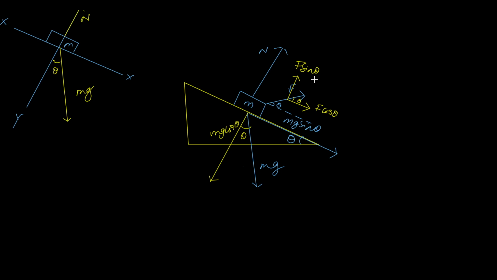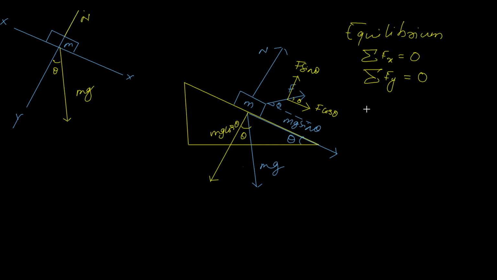So, still considering this body to be in a state of equilibrium, the net force acting on this body in your x direction will be 0. That means there is no acceleration in the x direction, neither is there any acceleration in the y direction, so it will be 0.